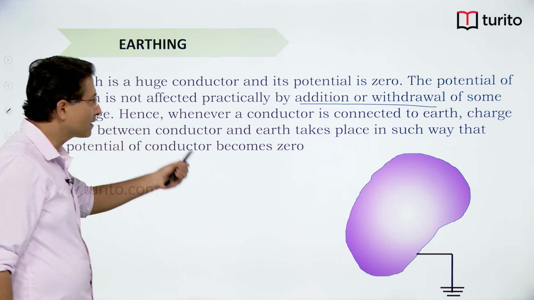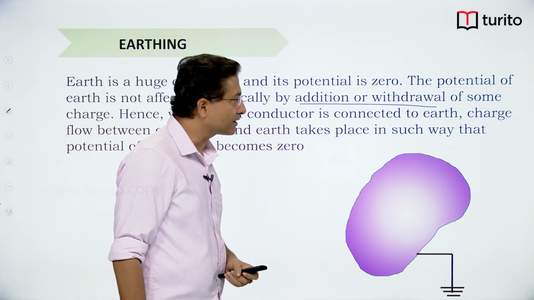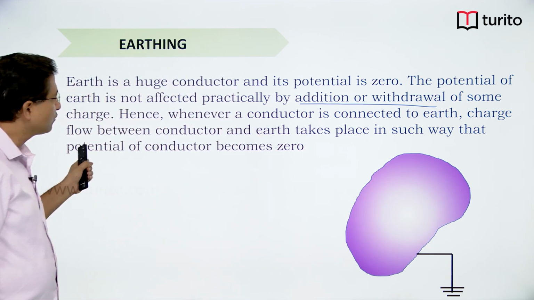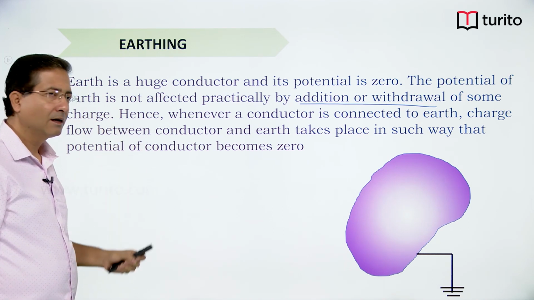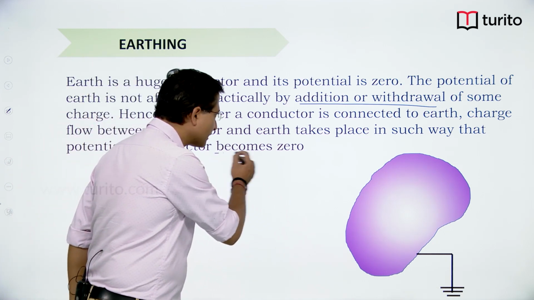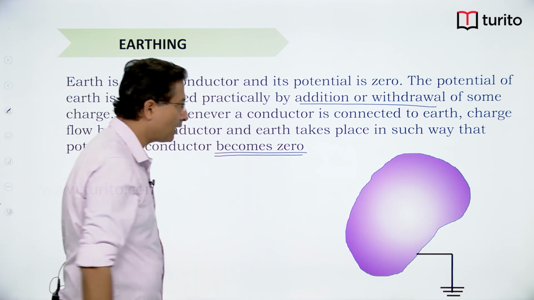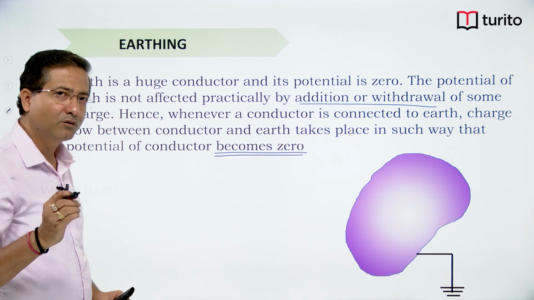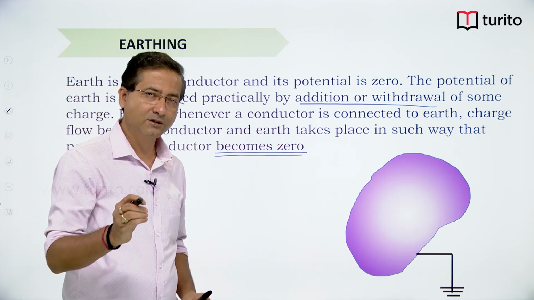Hence, whenever a conductor is connected to earth, the charge flows between the conductor and earth in such a way that the final potential of the conductor becomes 0. So, ultimately what we need to do is make the potential of the conductor 0, right.